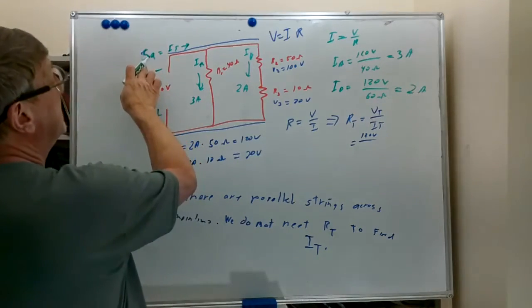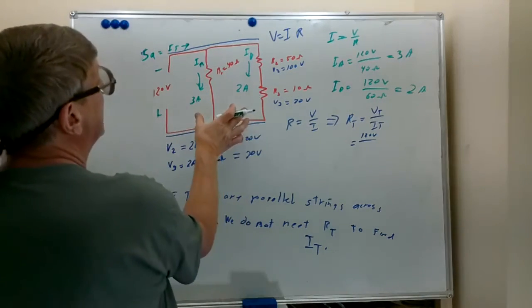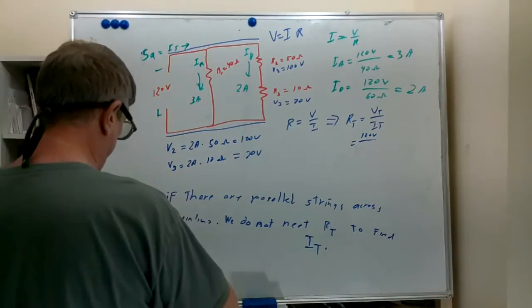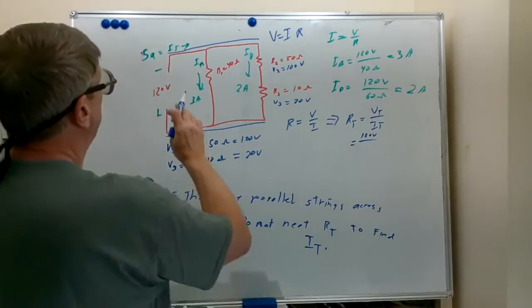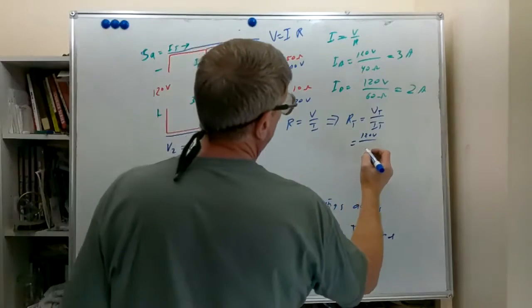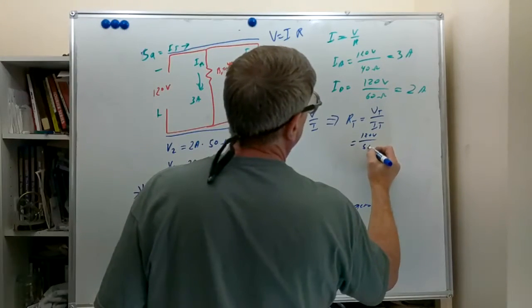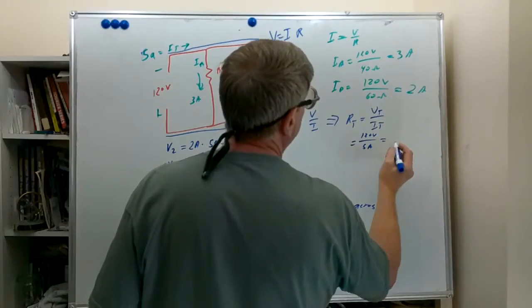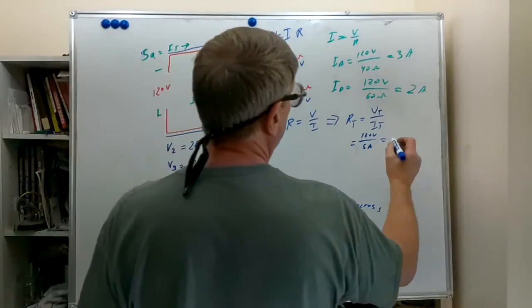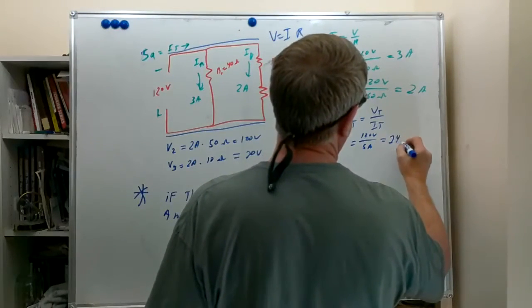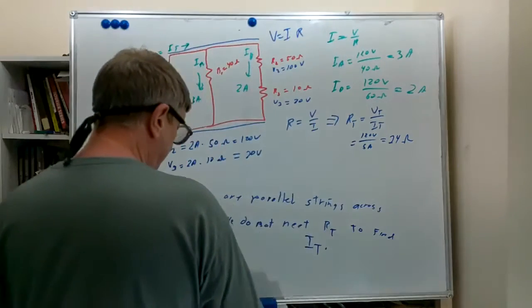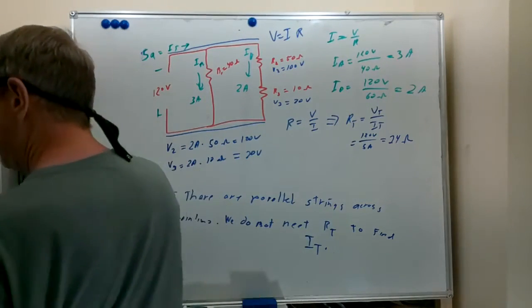Now we see that IT is greater than both of the branch currents, and that IT is also the sum of the 2 branch currents. So 120 volts divided by 5 amps. That's what we wanted to get. 120 divided by 5 should be 24 ohms. Let's check that with the calculator real quickly.